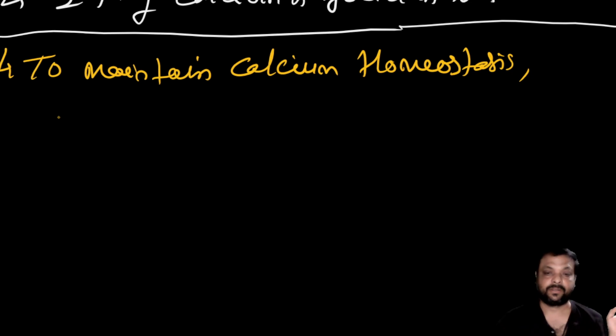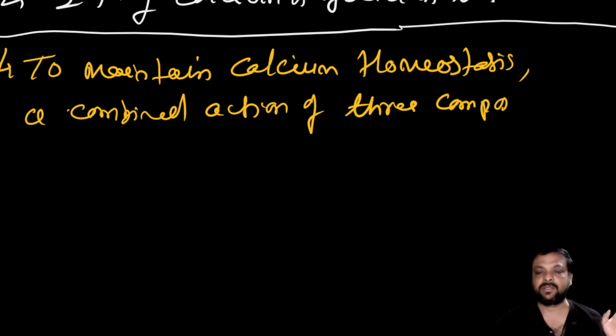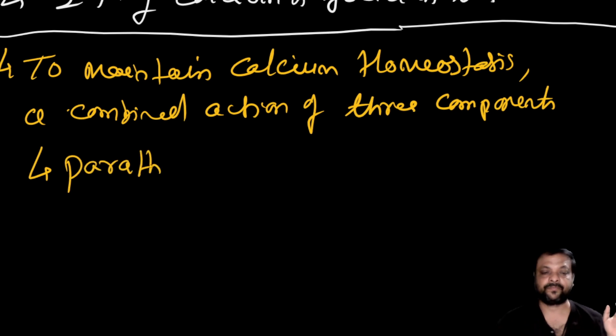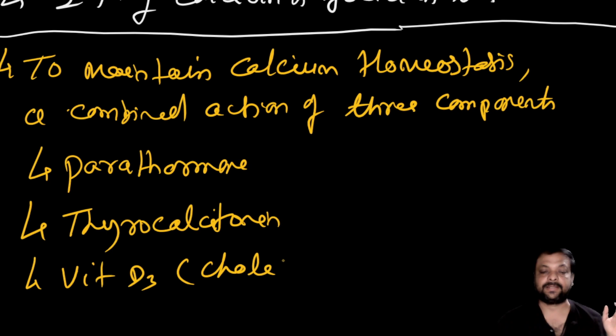Homeostasis. What happened? To maintain this, a combined action of three components is needed: parathormone, then thyrocalcitonin, and at last vitamin D3 or calciferol.